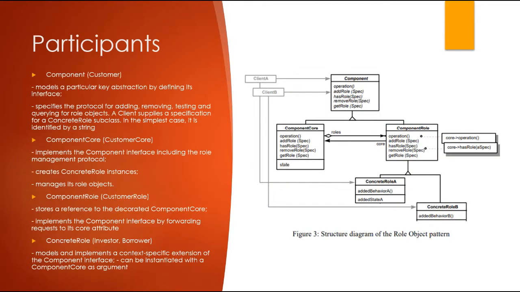Now for the role object pattern, it always has participants with roles for each object. There are a few in that. First is the component, which a client will use, for example, models a particular key abstraction by defining its interface, and specifies the protocol for adding, removing, testing, and querying role objects.